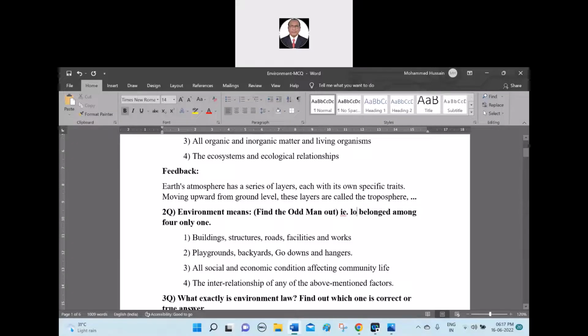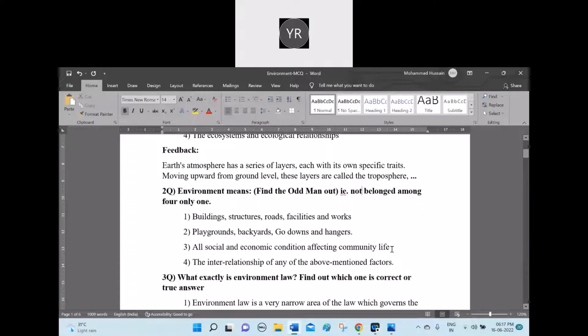So, buildings, structures, roads, facilities, and works. Option one, sir? Wrong. Social and economic conditions affecting community life, sir? No, because I say odd man out means not belonging to the environment.